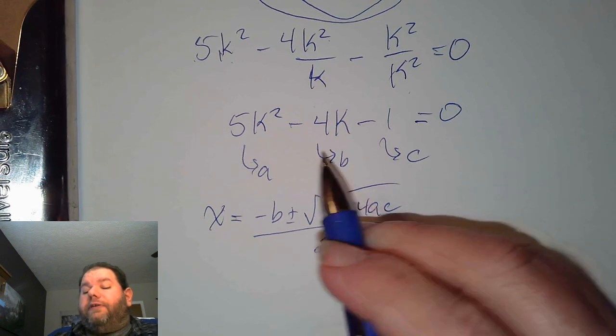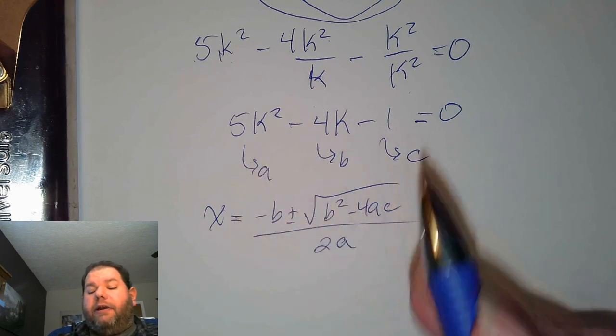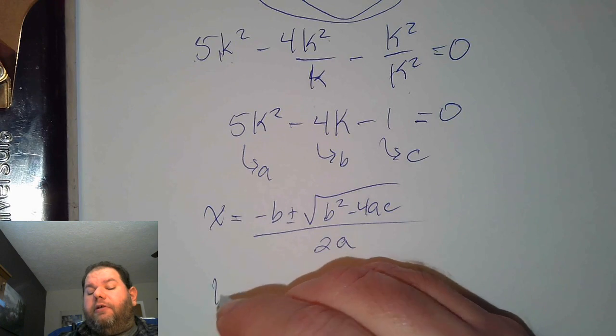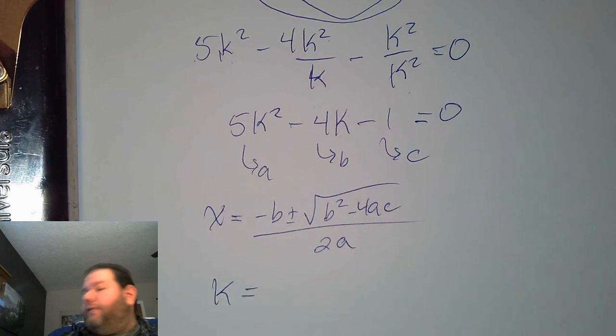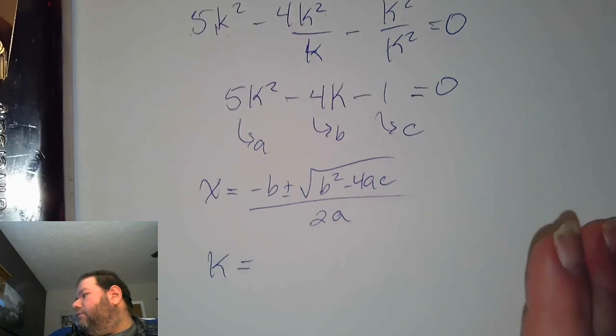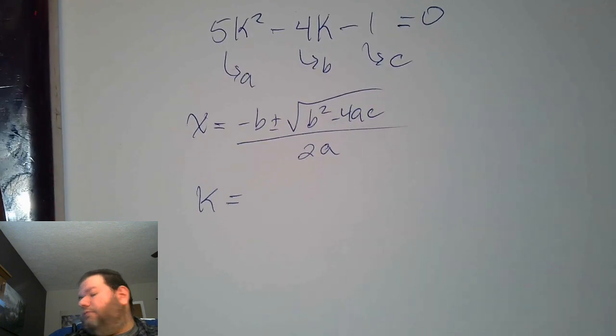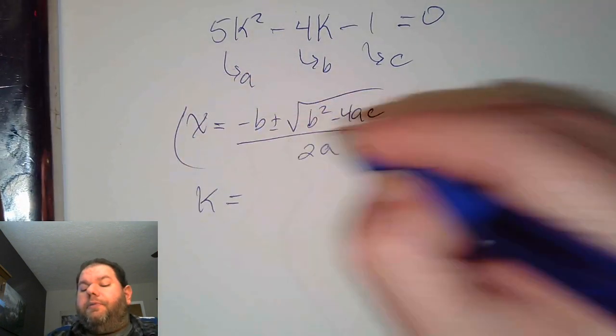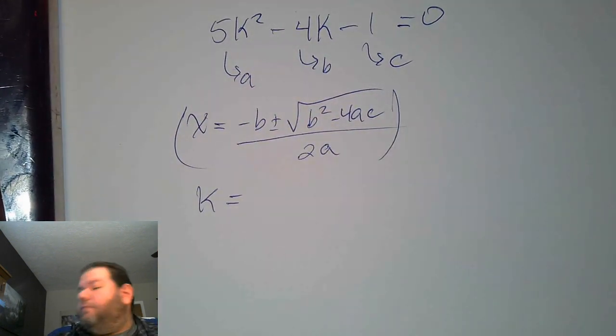One thing we noticed in this case, the variable is actually k, not x. So instead of saying x equals, we should say k equals. But that right there is just our formula. And you don't have to write it down like that, as long as you know what it is.